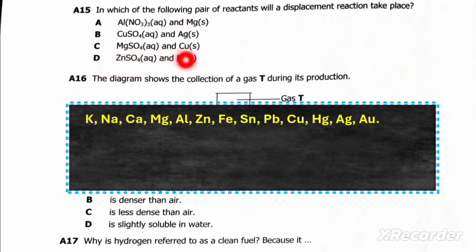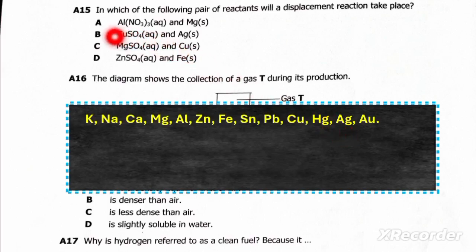Let us consider this one. Copper should be more reactive than magnesium. We have seen that magnesium is more reactive than copper. So C is not our correct answer. We move to B. Ag should be more reactive than copper, but we have seen that copper is more reactive than Ag.